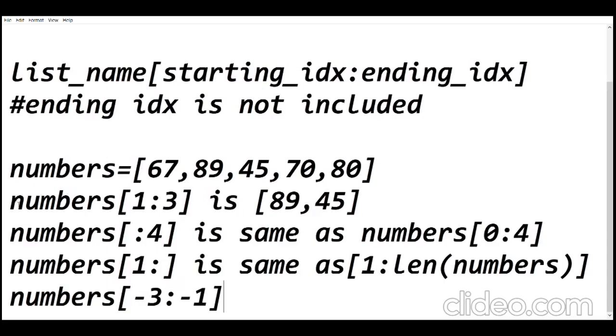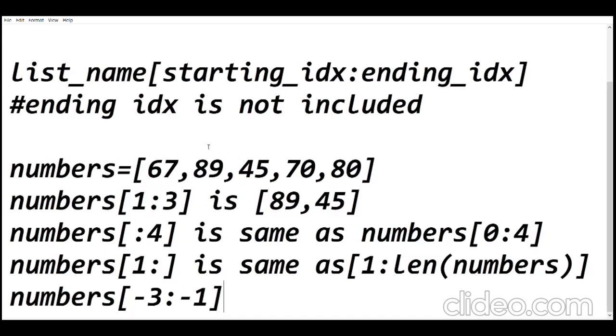And if I want to use the slicing method, then the list name is numbers, and inside the square brackets we write the starting index from where we want to start our slicing, then colon, and then 3, the index at which we want to stop our slicing. 1 colon 3 gives 89 and 45, because the 0th index is 67, the 1st index is 89, and the 2nd index is 45.